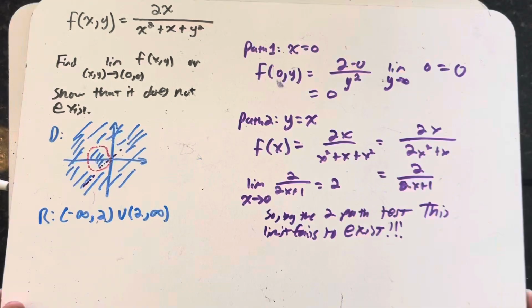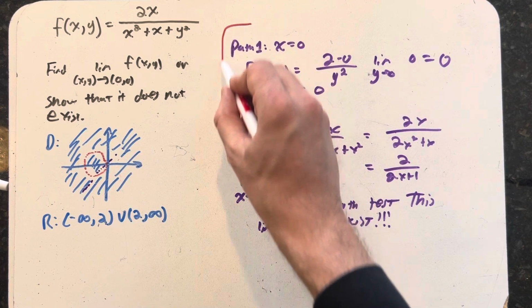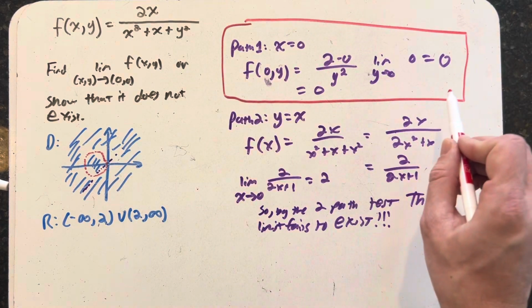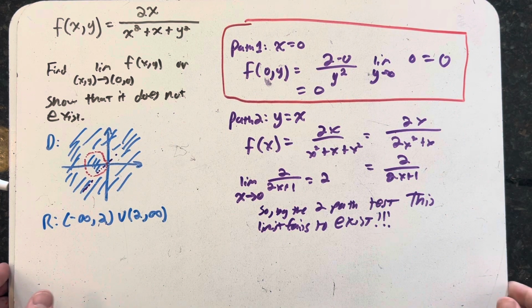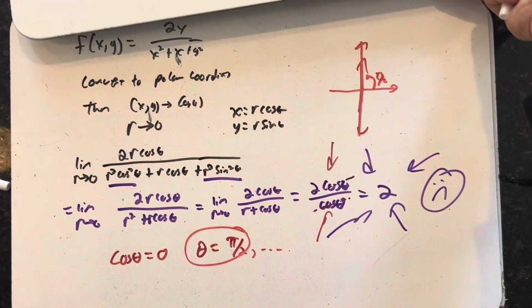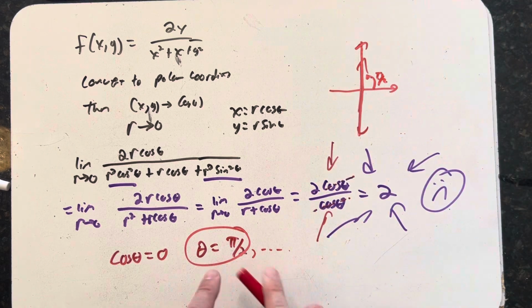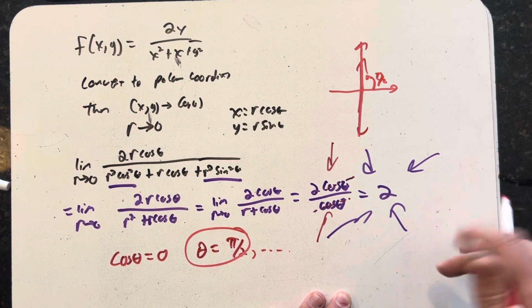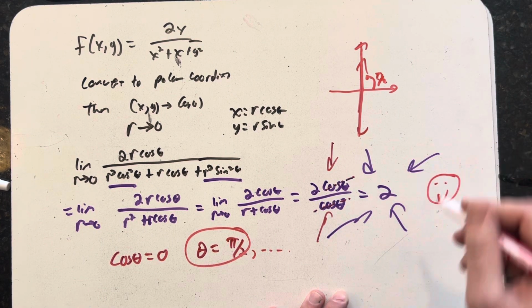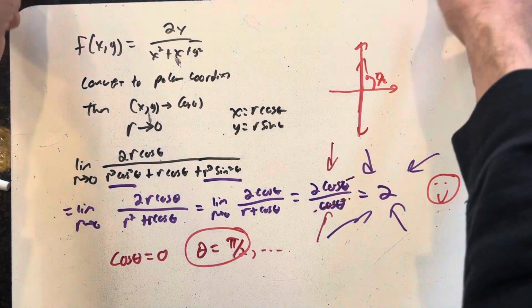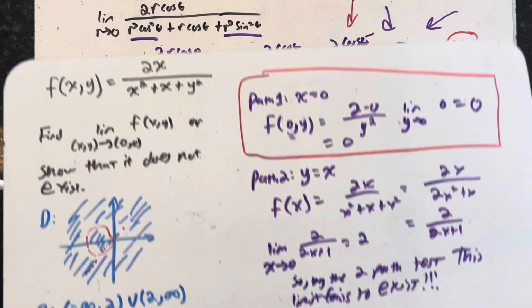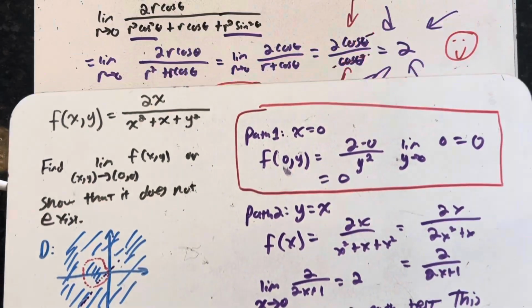Oh, that line's the y-axis. That is the path where x is equal to 0. And we already know that limit was 0. So even though in polar coordinates it looks like every path other than theta equals those odd pi halves is going to 2, now I know there was a second path where the limit was equal to 0. And so again, even if we approach this through polar coordinates, by the 2-path test, this limit fails to exist.